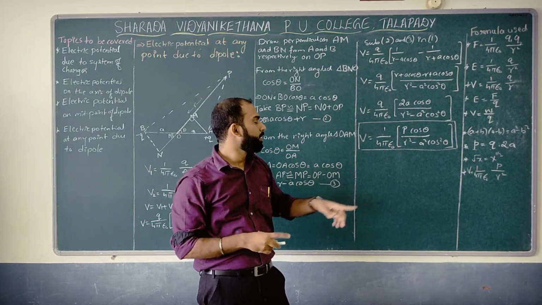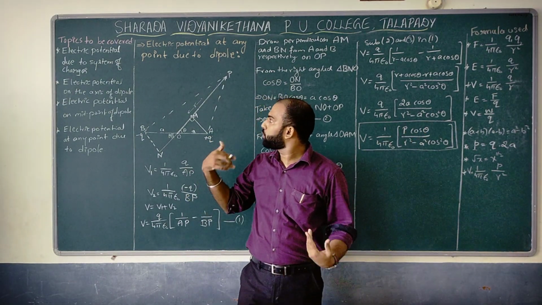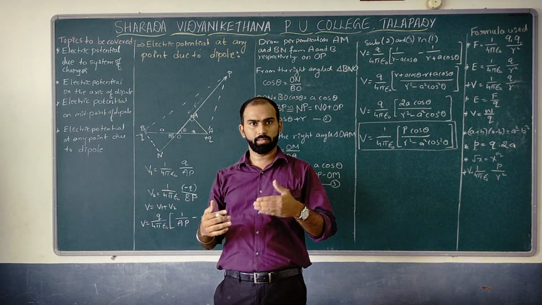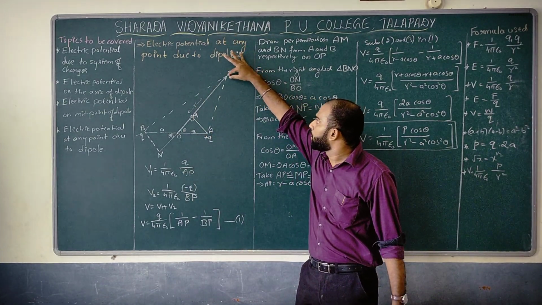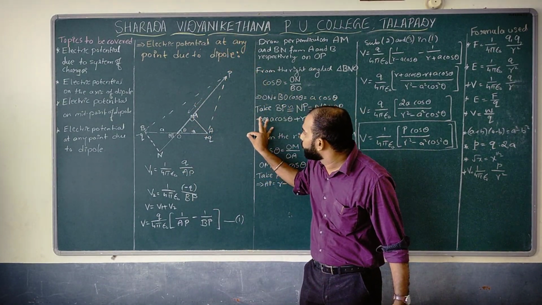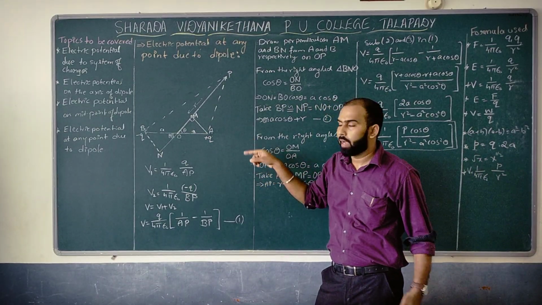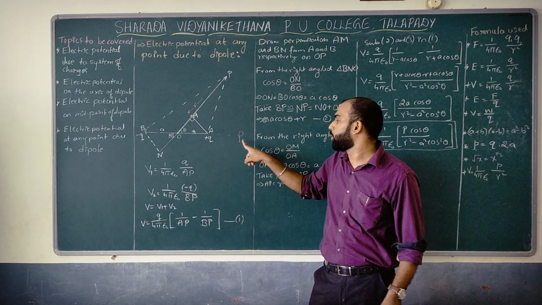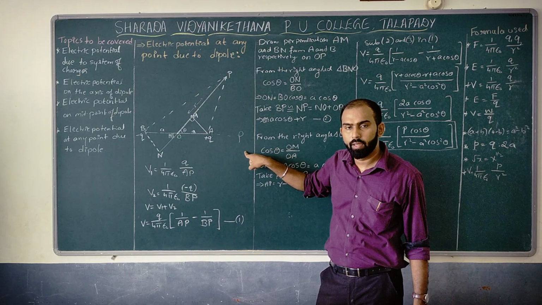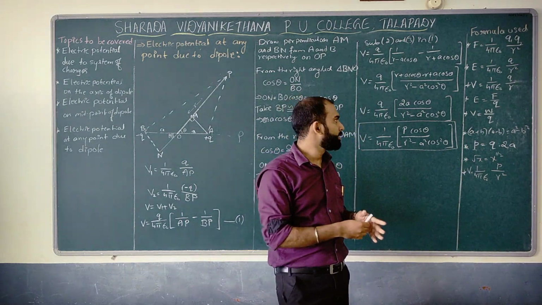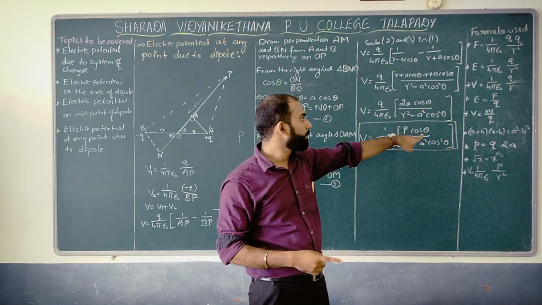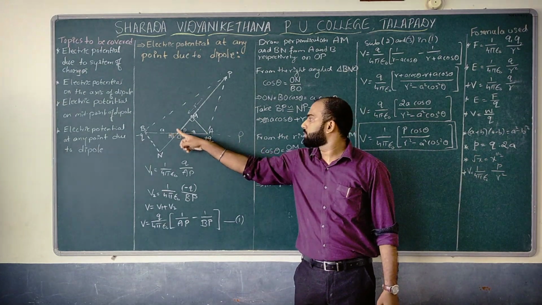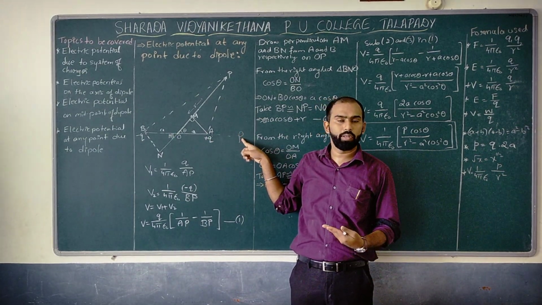How? We'll see now. If I want to get the expression of the second one, electric potential on the axis, and I bring this point P along the axis over here, and I want to measure electric potential at the point P, what is the expression I can expect just by having this formula? Your job is to mention theta over here. Don't you think this is the axis? Theta is 0 over here.